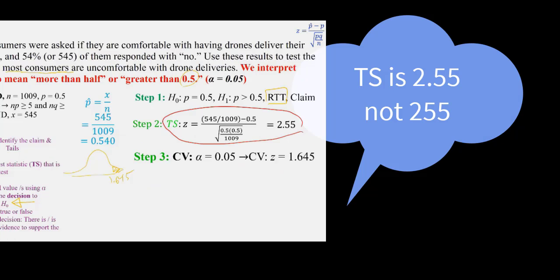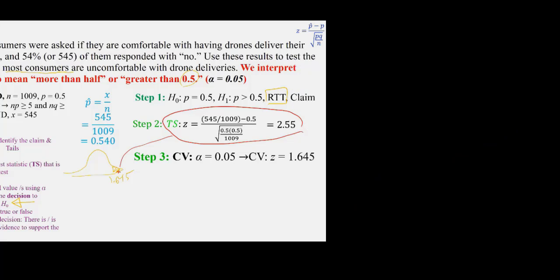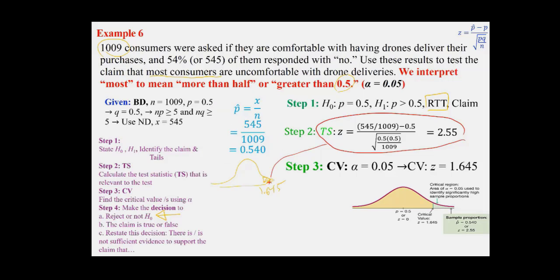I hope you see it's larger than 1.645. It doesn't have to be to scale, it's somewhere here. It's way into the tail, into the rejection region. Look at this. Critical value is 1.645 and the Z is 2.55, way into the rejection region. So what do we do? Reject H0.